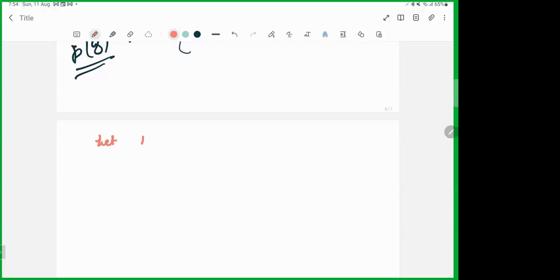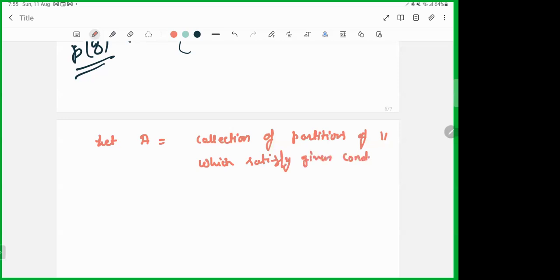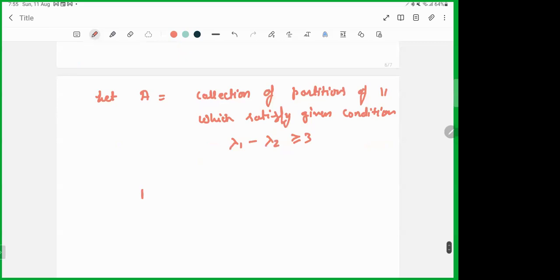Let A be the collection of partitions of 11 which satisfy the given condition, lambda 1 minus lambda 2 is greater than 3, and B be the partitions of 8 which have at least two parts.